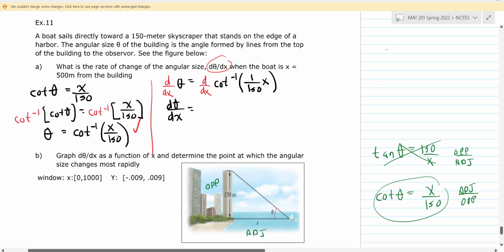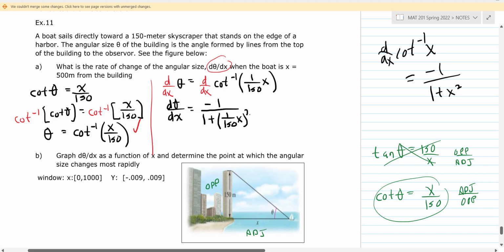And then remember, for the derivative of an inverse cotangent, we learned that it is negative 1 over 1 plus x squared. So we're going to put this in. We have negative 1 over 1 plus, and then that would be 1 over 150 x, squared. Then we have to do the derivative of the inside part.